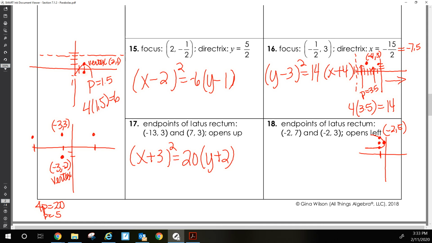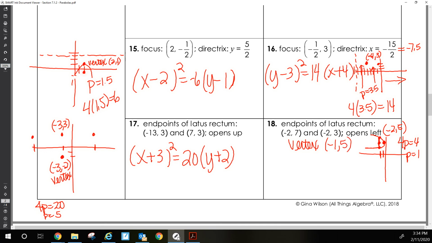Well, the distance between 7 and 3 was 4, right? So that focal width is equal to 4, which means our p-value is equal to 1. So we're going to move 1 unit to the right of -2. What's 1 unit to the right of -2? -1. So our vertex is at (-1, 5).